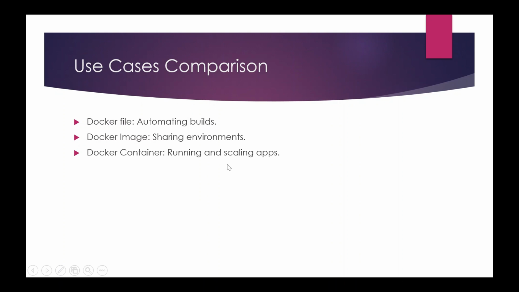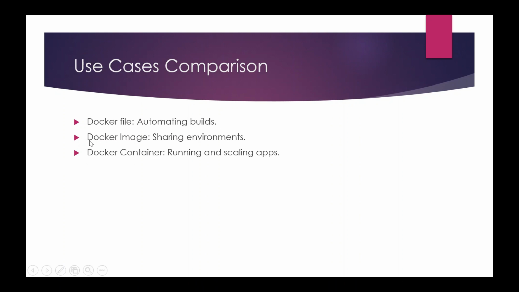Let's discuss the use cases. For a Dockerfile, we use this to automate all the builds. You can build the images directly using this Dockerfile. You can even create CI/CD pipelines. If you have a Dockerfile ready, you can use the Docker command to automate creating the images and pushing them to your registry.